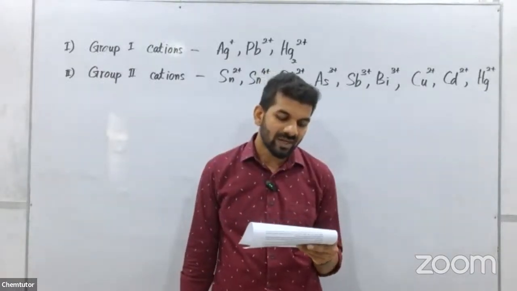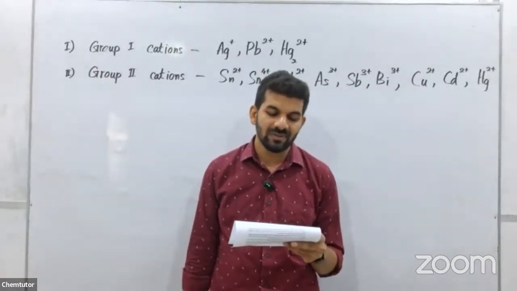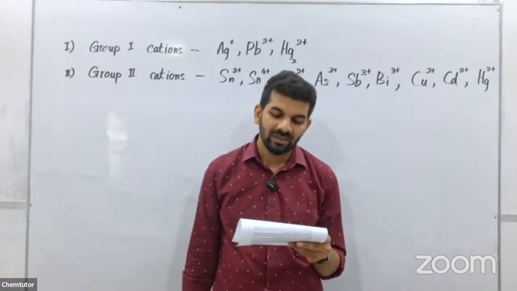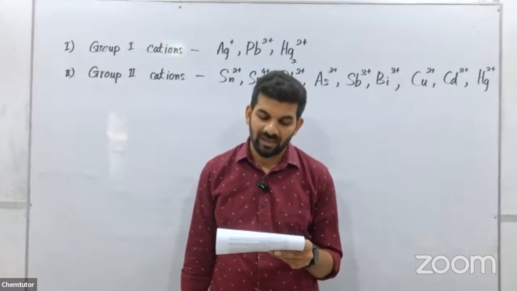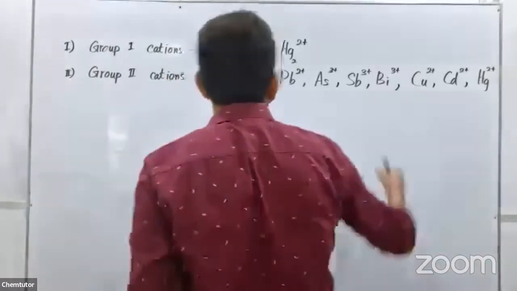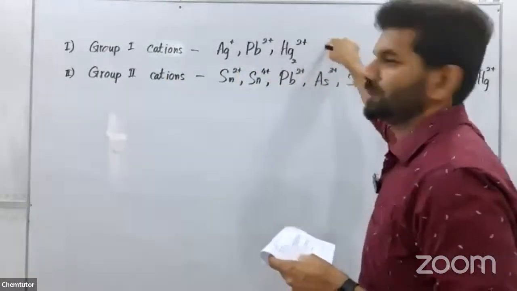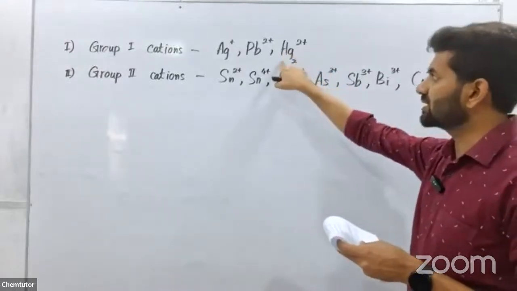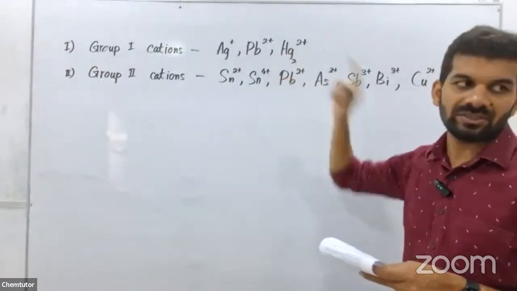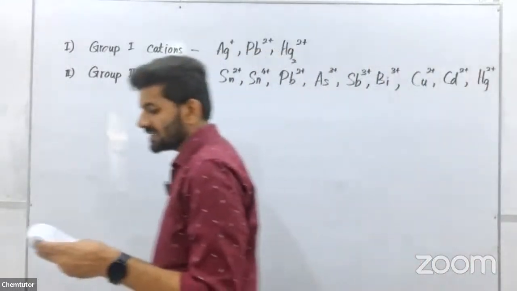The ions precipitated are those of silver, mercury, and lead. And remember that it has to be mercury(I), Hg2 2+. That means the oxidation state of mercury is +1.